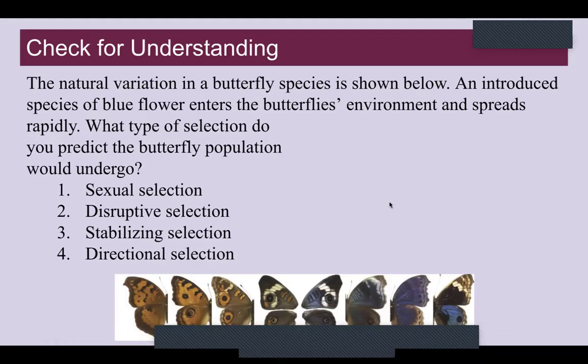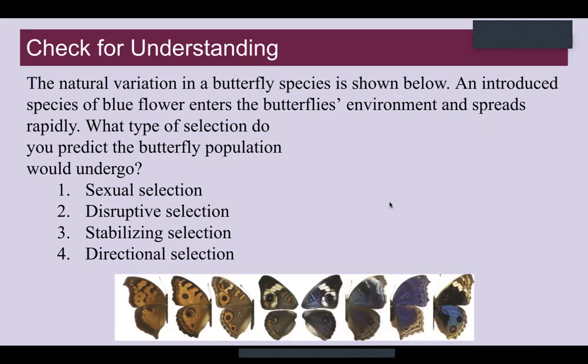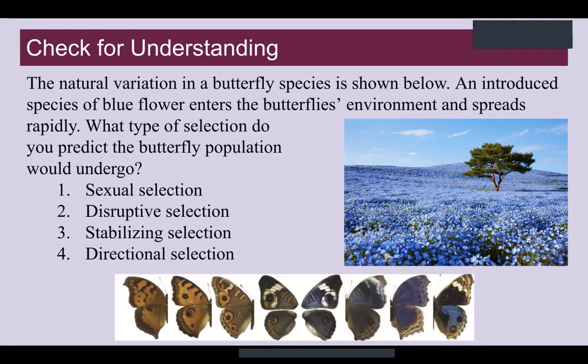Blue flowers get introduced into the butterfly's environment and they spread rapidly, and they look like this. So now the butterfly's entire environment is blue. What type of selection do you predict the butterfly population would undergo? Would it have sexual selection, disruptive selection, stabilizing selection, or directional selection?